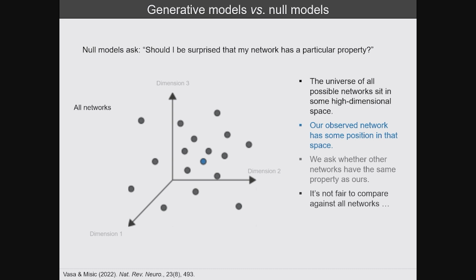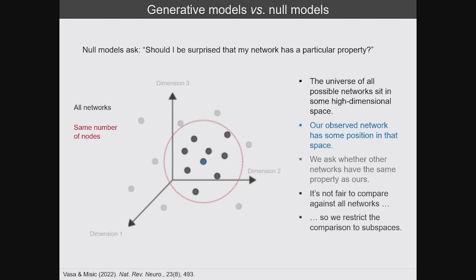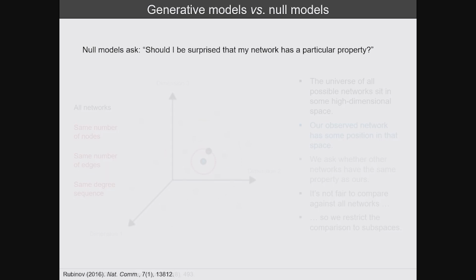But it's not really fair to compare against the entire space, so we restrict our comparisons to subspaces, starting maybe with other networks that have the same number of nodes, so our subspace is big. The same number of edges, we gradually zoom in. The same degree sequence, we're zooming in further and further. By the way, the resolution of these images didn't copy well, so such is life. And in the end, we estimate some probability that these random networks, or the other networks nearby in this space, have shared properties as ours. This is what null models do.